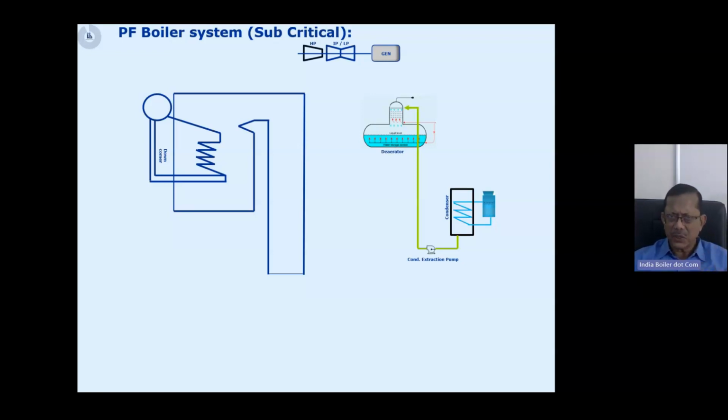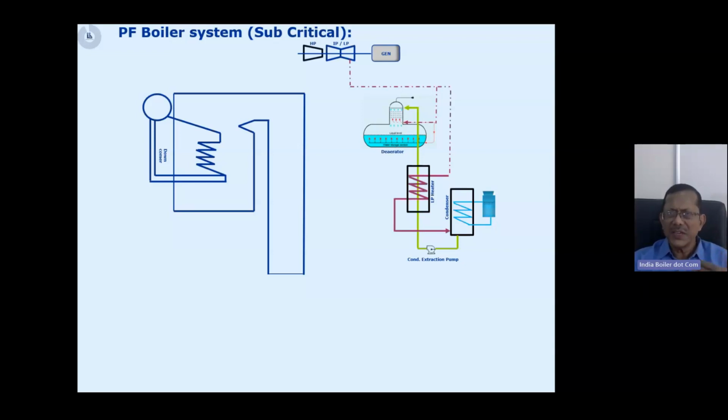So the temperature of the deaerator is in the range of around 170 plus, whereas the condensate we receive from the hot well is around 45, 46 degrees. So you require some preheating of this condensate, which we do through the LP heater, where steam extracted from the LP stage of the turbine heats this feed water.